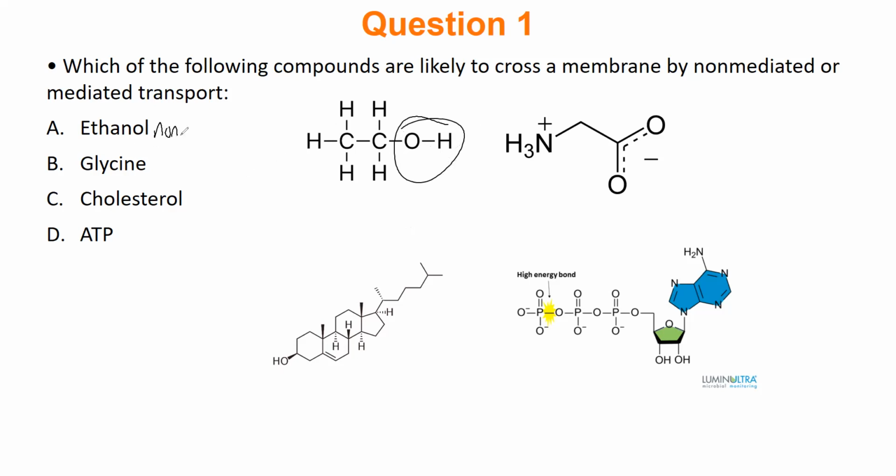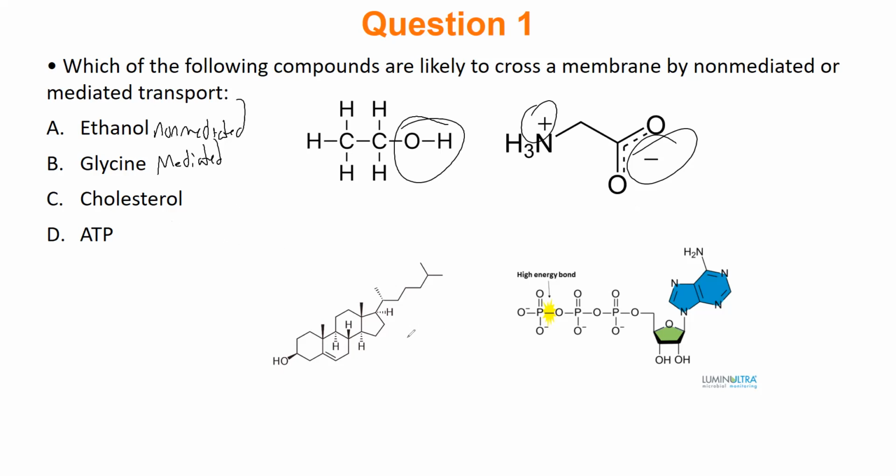So ethanol non-mediated. Glycine definitely mediated, because although it's the same size as ethanol, it is charged, and charged molecules do not go through the membrane without assistance. Don't care what size you are, you're not going through the membrane.